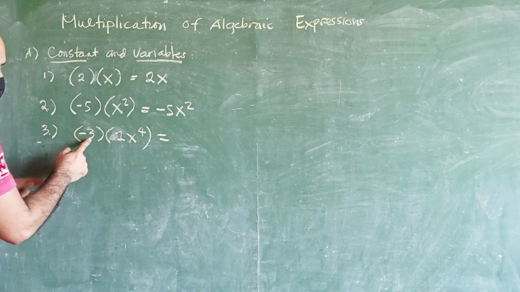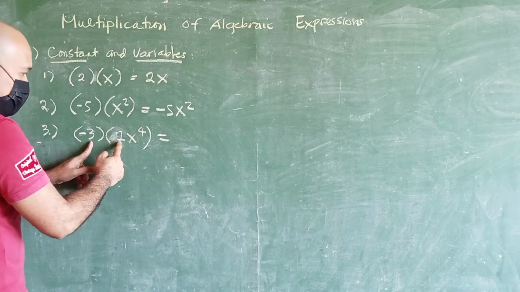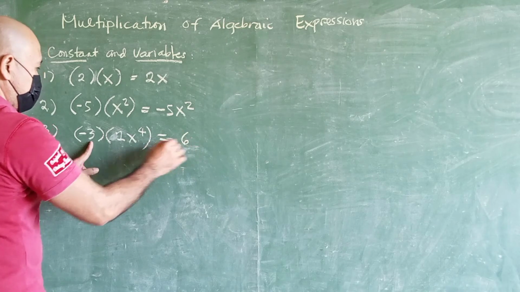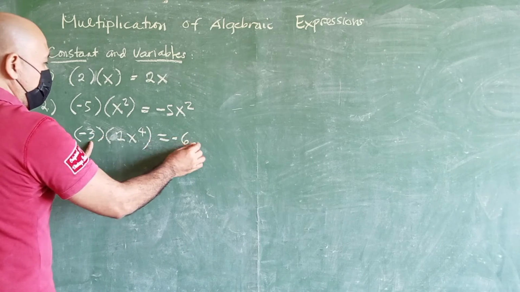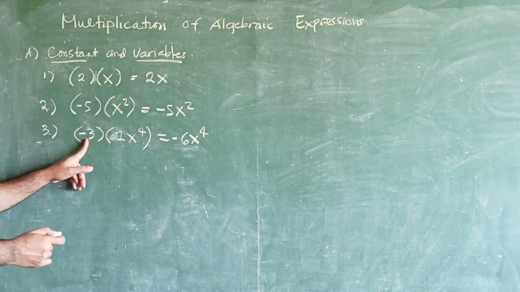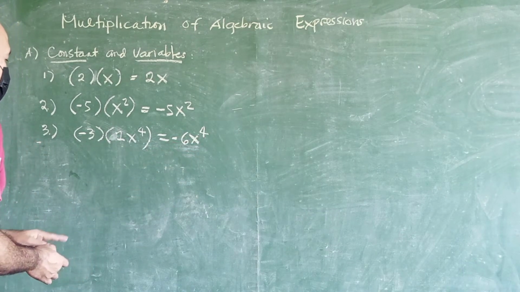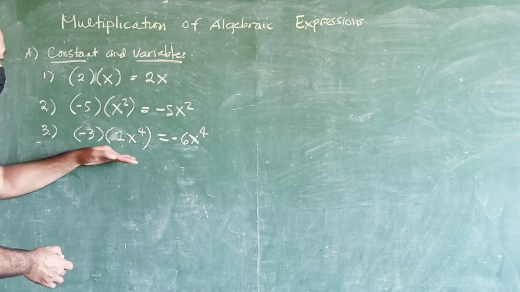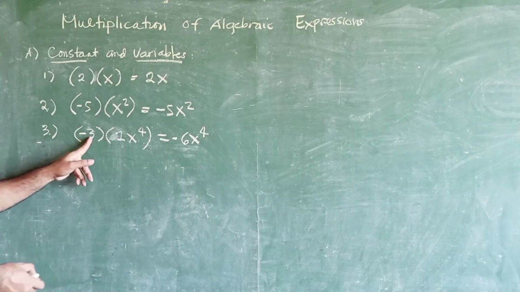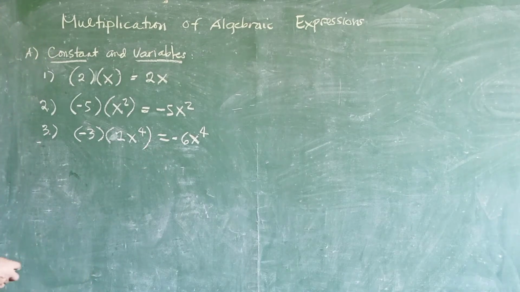So, the quantity of negative 3 times the quantity of positive 2x raised to the power of 4: multiply the integers here. 3 times 2 is 6, and negative times positive is negative. Then bring down x raised to the power of 4. So the answer is negative 6x raised to the power of 4 when we combine these two by multiplication.